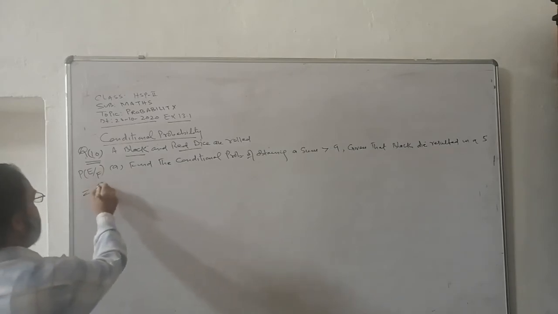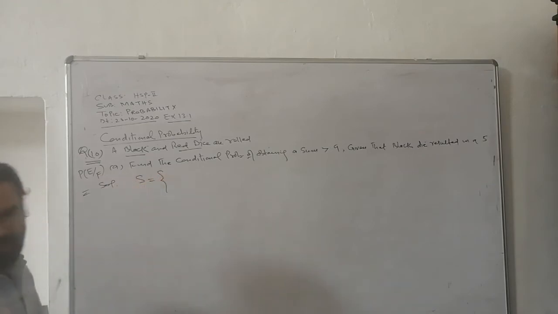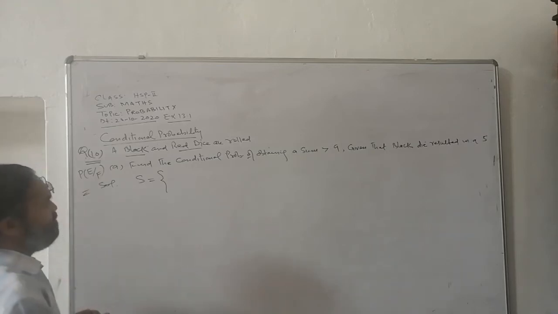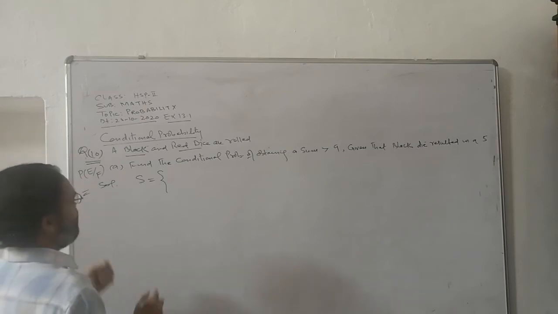For finding the conditional probability, we have to first find the sample space S, where there is a red die and a black die, and both are rolled.